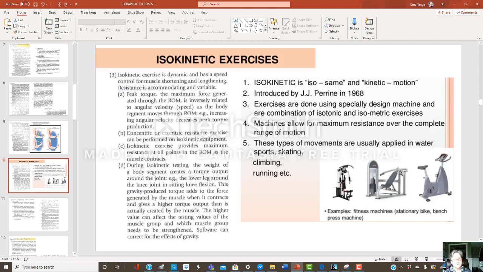This gravity-produced torque adds to the force generated by the muscle when it contracts and gives a higher torque output than is actually created by the muscle. The higher value can affect the testing values of the muscle group and which muscle group needs to be strengthened. Software can correct for the effects of gravity.